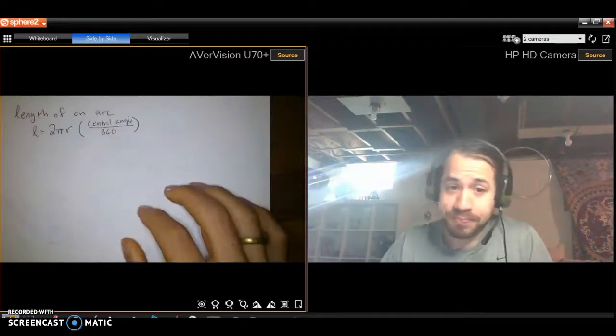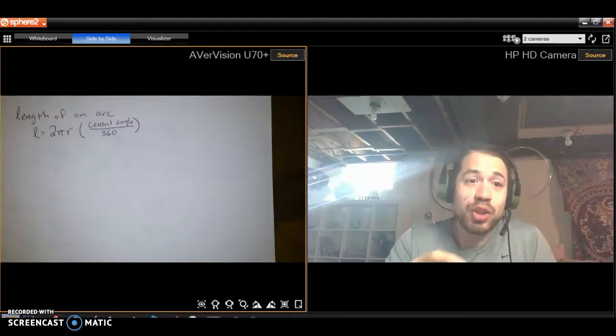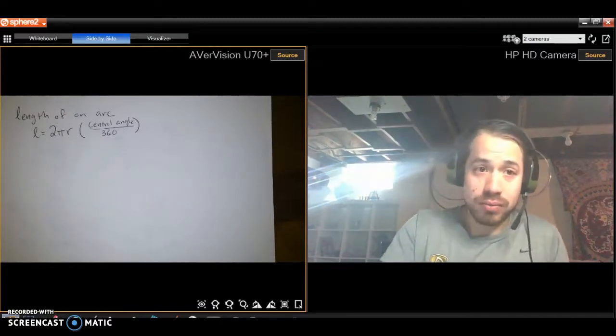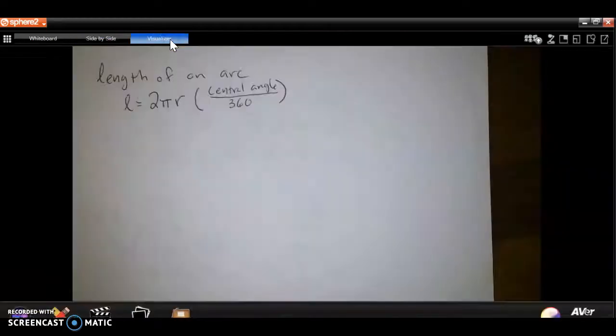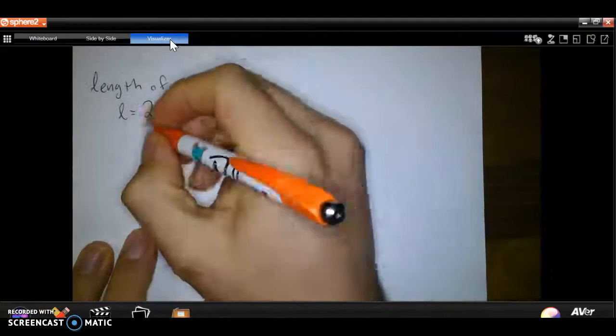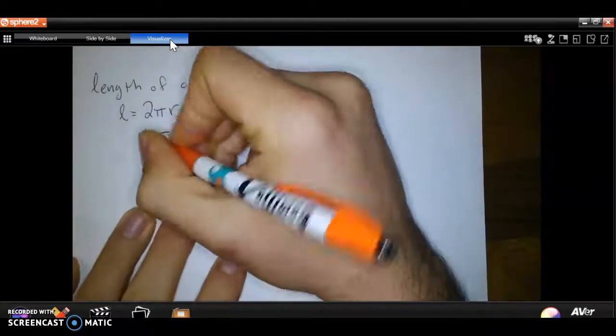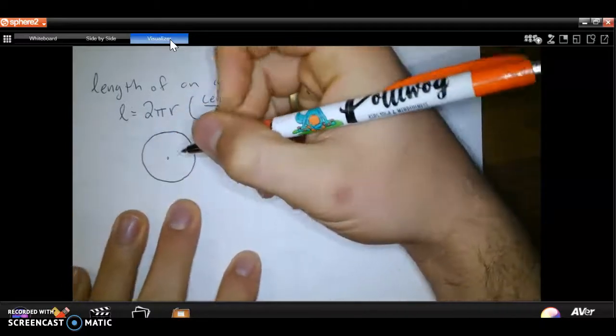So, as you can tell by this sheet over to my right, we're going to be looking at the length of an arc. I'm going to slide over to the visualizer. Before we get to the formula, I know we talked about measures of arcs in the last module, in terms of their rotation.